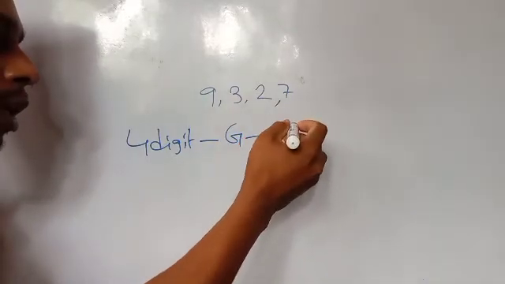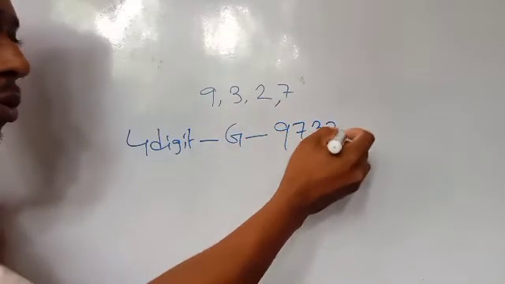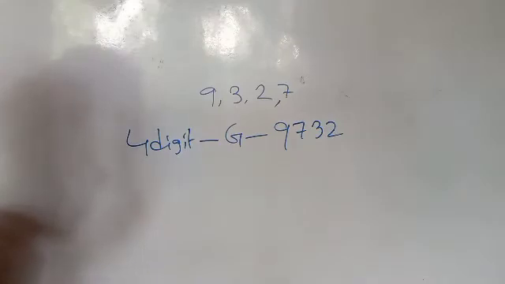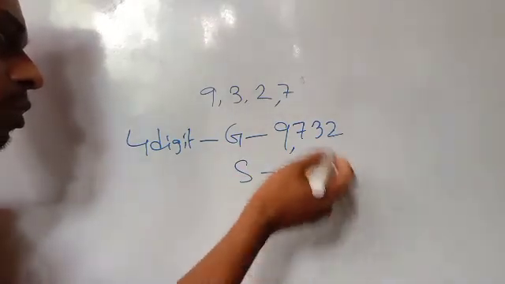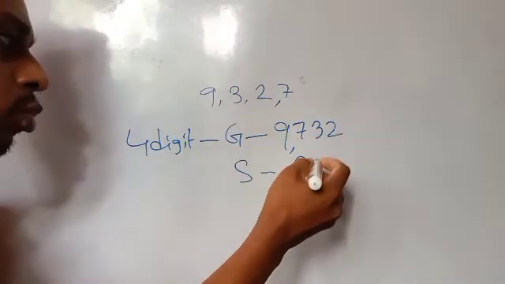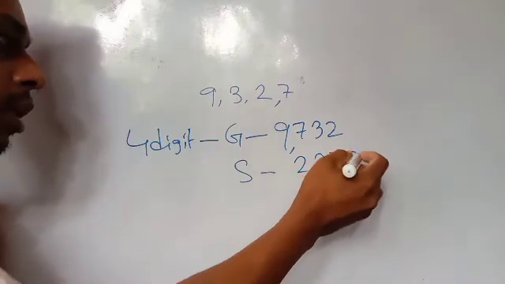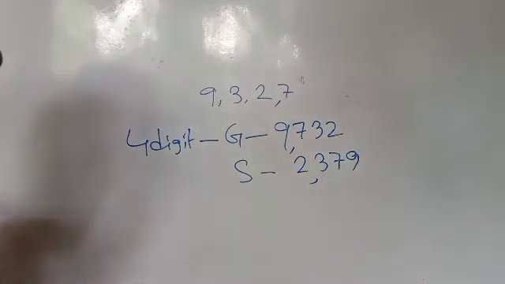First write 9, then 7, then 3, then 2. This will be the 4 digit greatest number. Now for the 4 digit smallest number, just reverse it, so you write 2, 3, 7, 9. Then you will get the 4 digit smallest number.